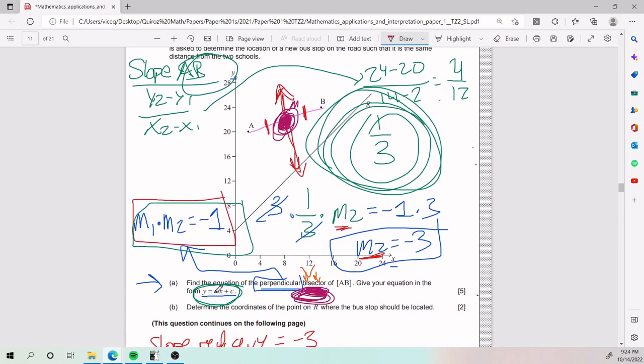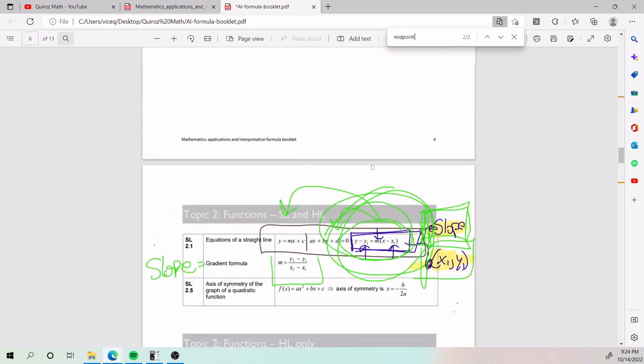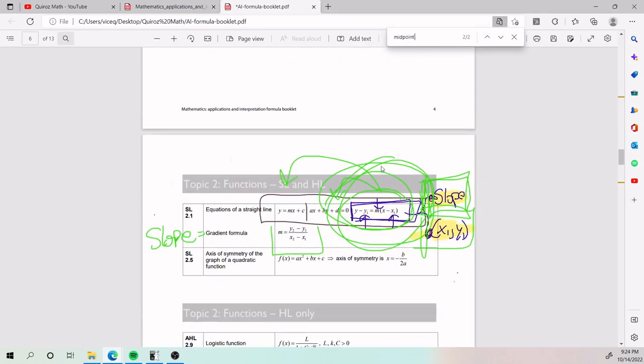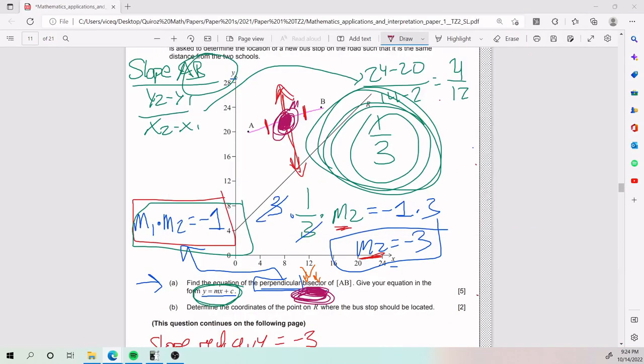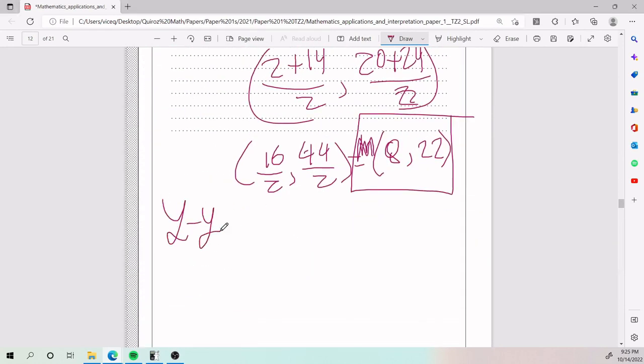So why did we do that? Again, just so that we can use this guy over here in my formula booklet, as I showed you earlier, equations of a line. So now that we have the slope, now that we have a set of points, we can plug into the point slope formula. The point slope formula we said was y minus y1 equals m times x minus x1. So my x1 is this, my y1 is this guy.